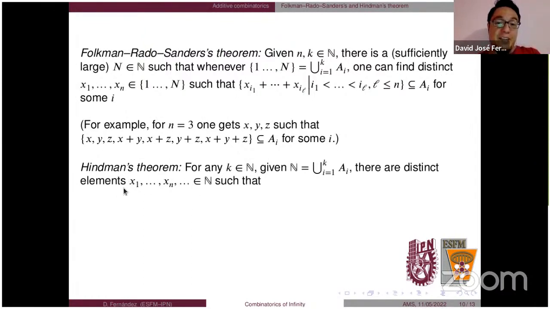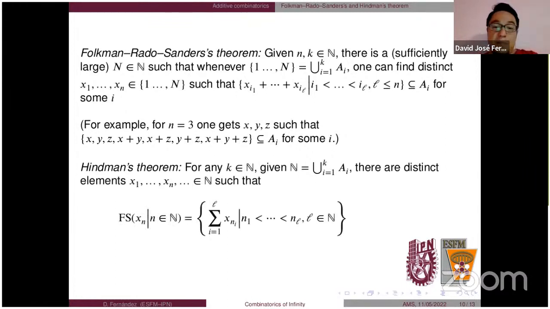This list never ends, such that what's known as the set of finite sums, which is precisely all possible sums that you can form with these elements with no repetitions. I mean, the finite is sort of redundant because you have no concept of a limit here, so it wouldn't make sense to add infinitely many things. But okay, all sums that you can form with finitely many elements, no repetitions, fall in the same piece of the partition.